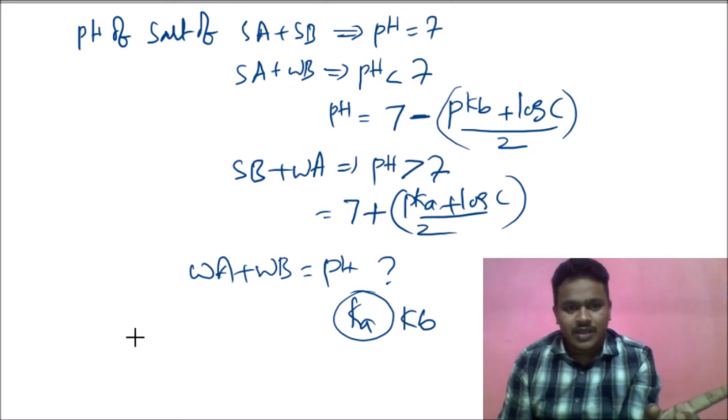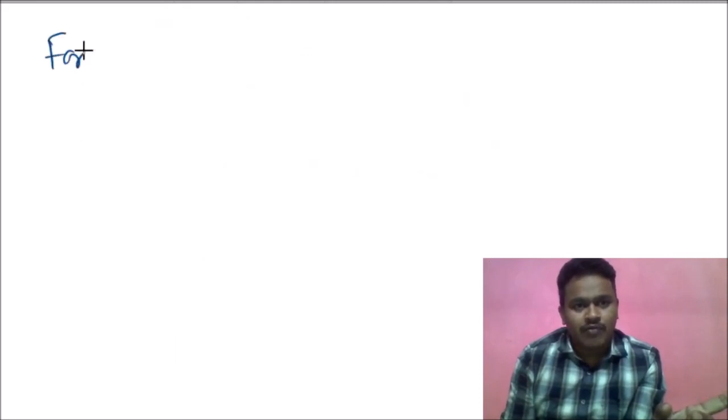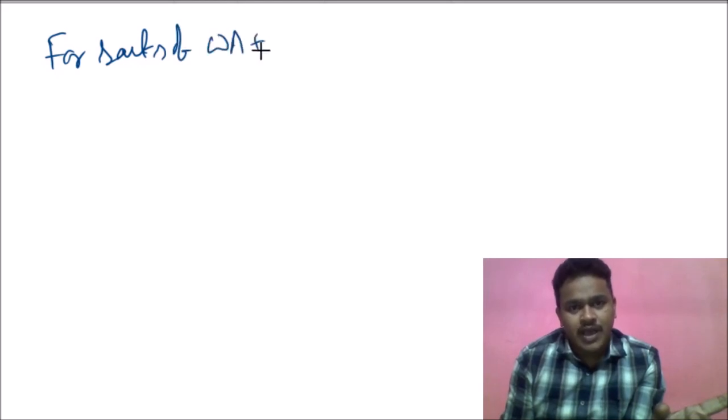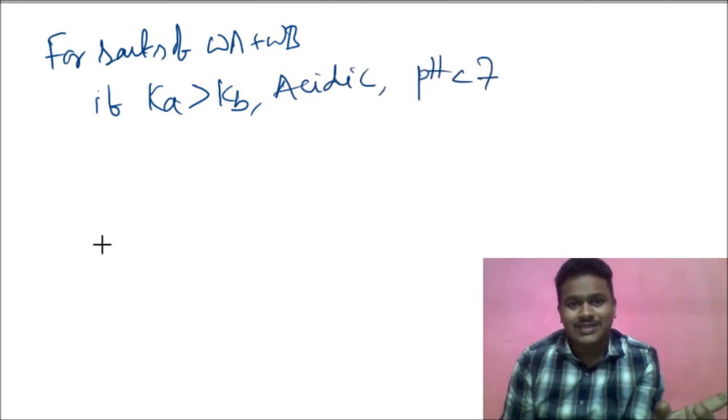For salts of weak acid and weak base, if Ka of the weak acid is greater than Kb, at that time the resultant solution will be acidic in nature, so the pH value is less than 7.